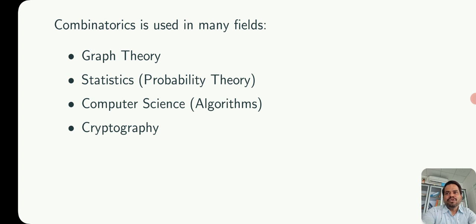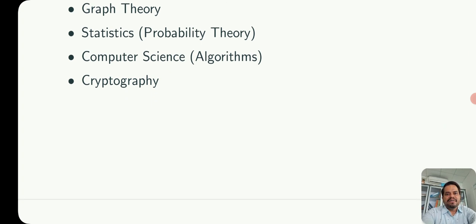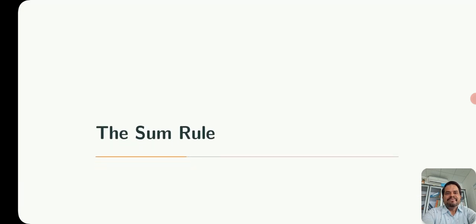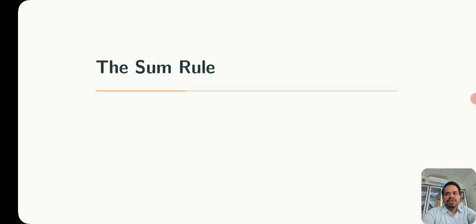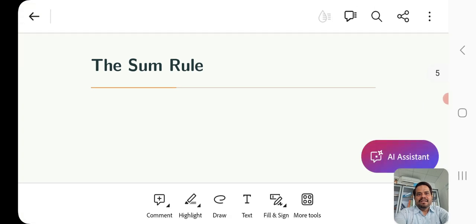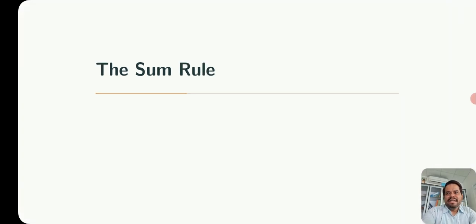So let us now proceed with the first basic principle, the sum rule, also called the addition rule. It applies when we have several different tasks and only one of these tasks can be performed at a time.